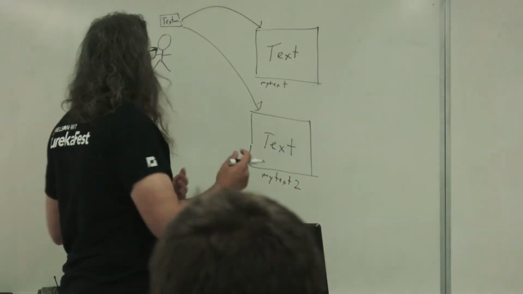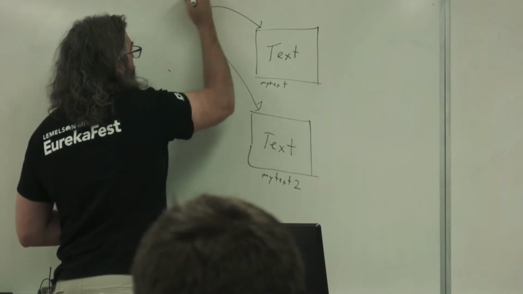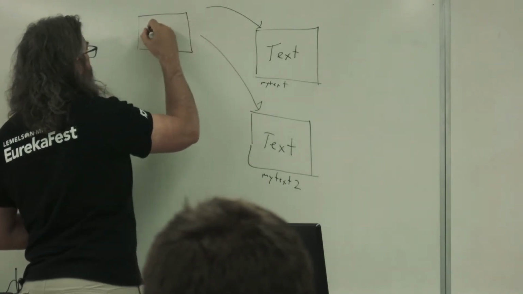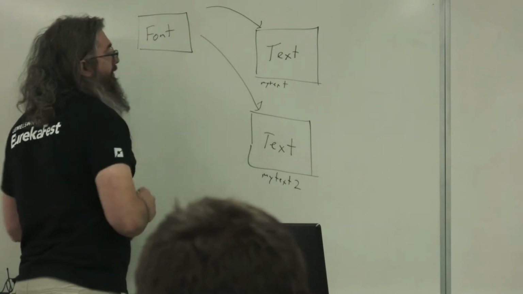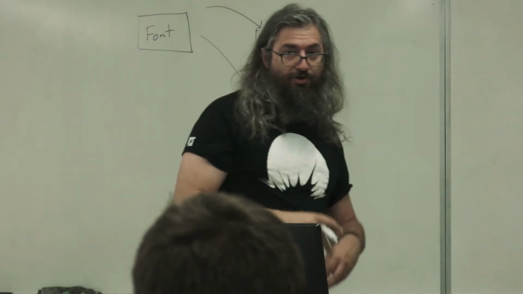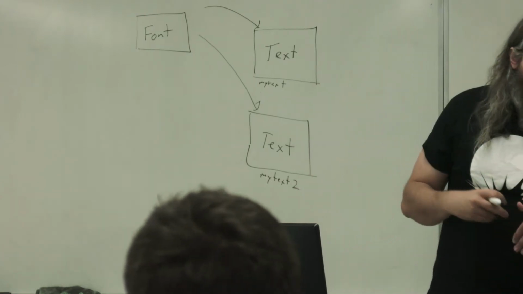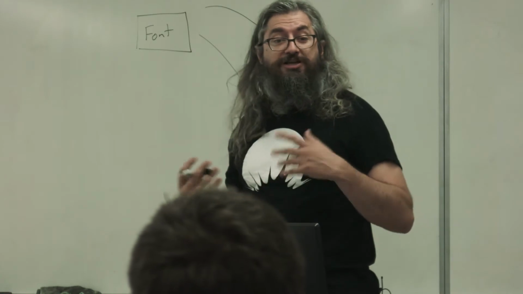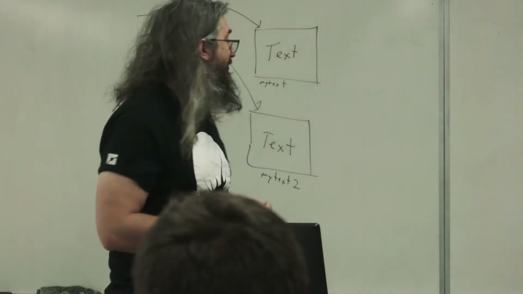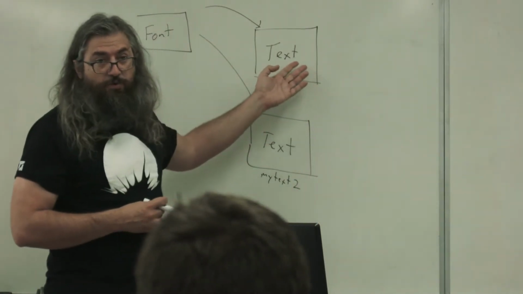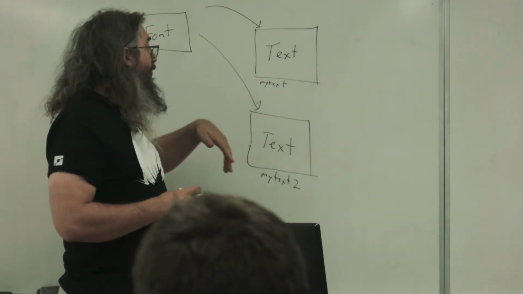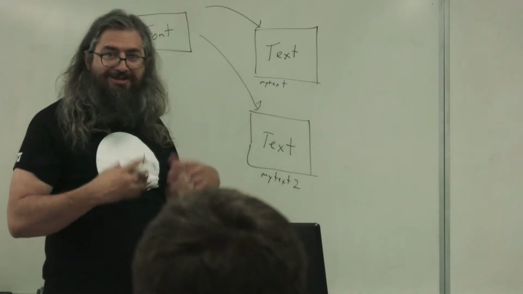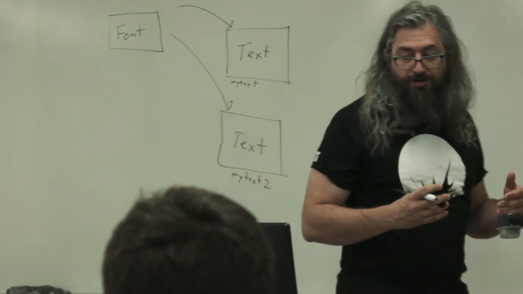First, we need to set the font, which is going to work just like our images. We're going to load a font from a file, and then we can assign it to all of our text objects that we want. And then later on, we're going to change the properties of our text object. We're going to give it the specific words that we want it to display, or set its position or change its color. So that's the general strategy for what we're going to do today.